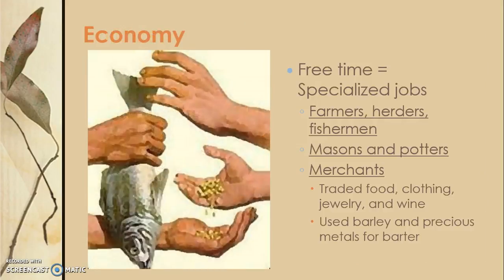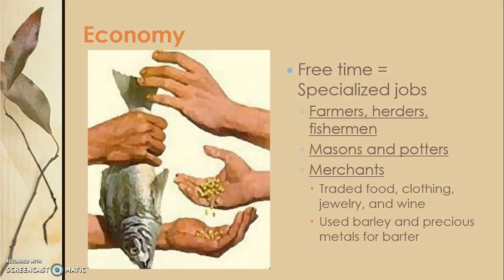Now let's look at their economy. The fact that these civilizations ended up with free time led to specialized jobs. So people could study a particular skill and become good at that particular skill. So we get to see people who only focus on farming or herding or fishing. We also see the development of masons and potters. They're the ones who make homes or storage for the extra food.